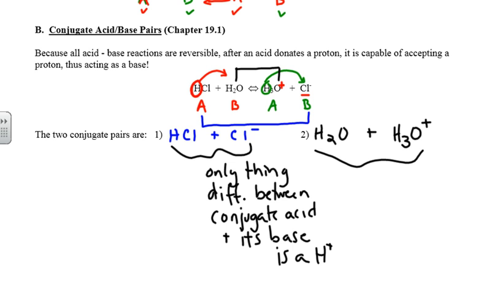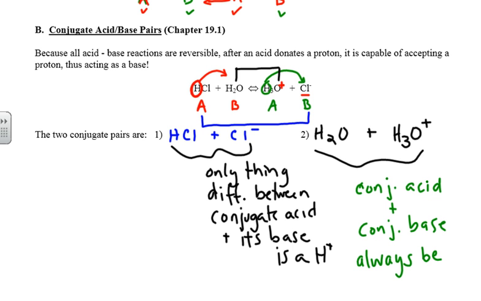Water and hydronium, the only thing that makes them different is one hydrogen ion. The other thing that you will notice about a conjugate pair is that the conjugate acid and the conjugate base will always be on opposite sides of the equation. I'm going to write that in here. Will always be on opposite sides of the equation.